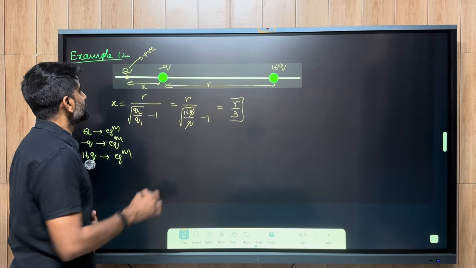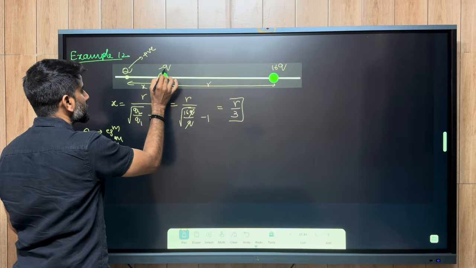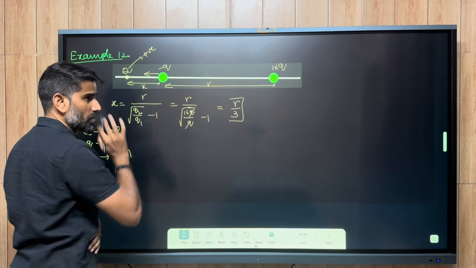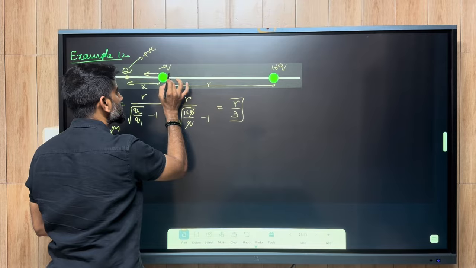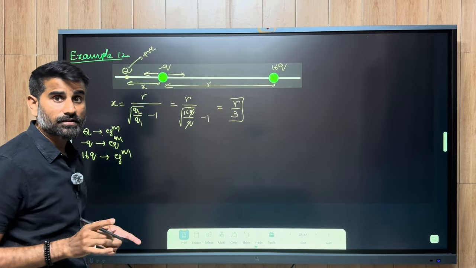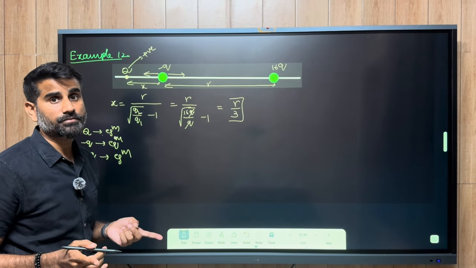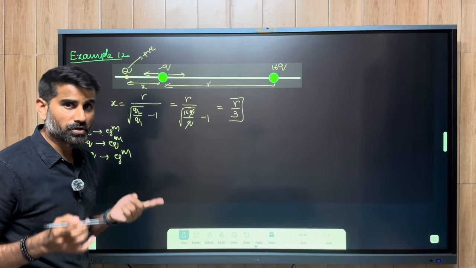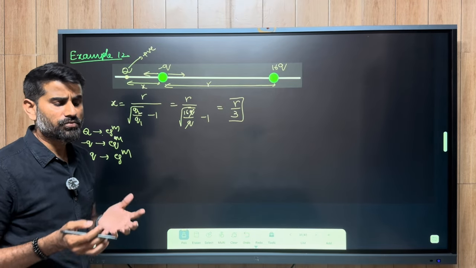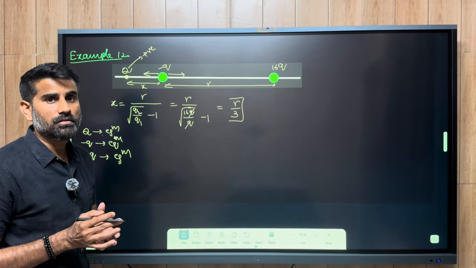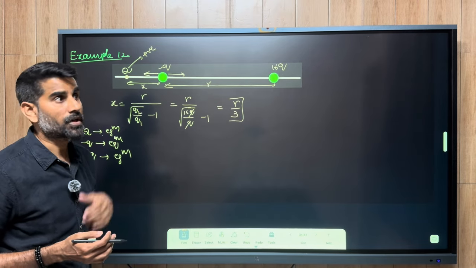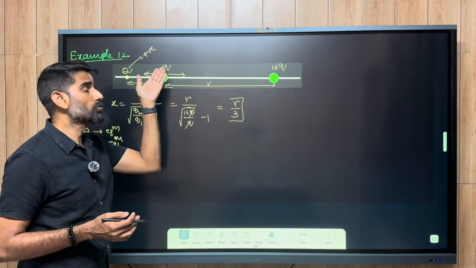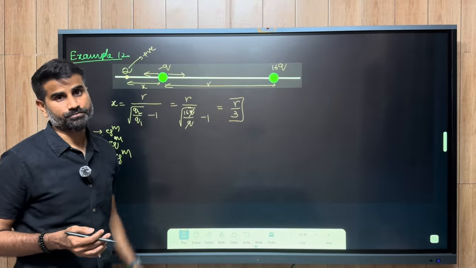This positive charge attracts this negative charge in this direction. Well and good. Now this positive 16q again attracts this negative charge in this direction. That means there are two forces acting in opposite directions, and if I change the charge here, I can get equal amounts of force. That means I can balance the forces. That means I can make the net force on minus q 0.